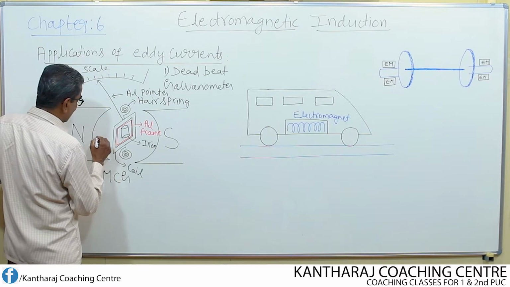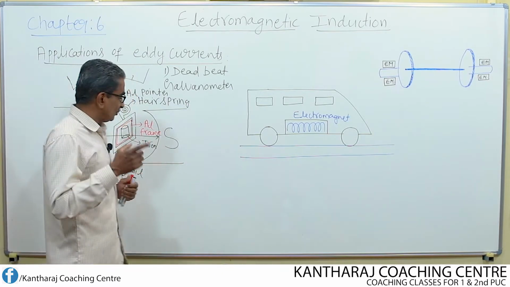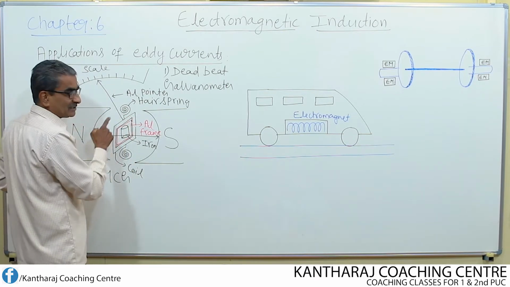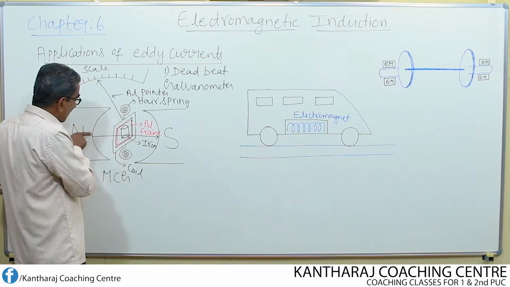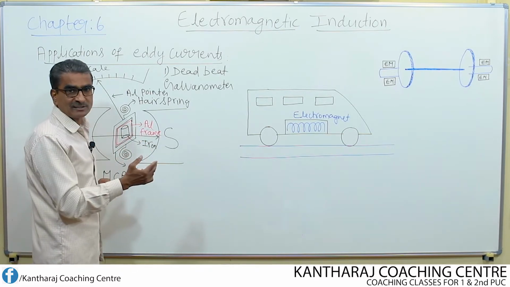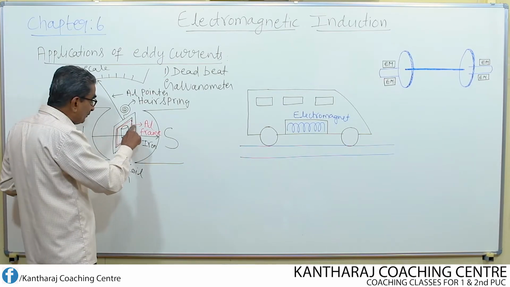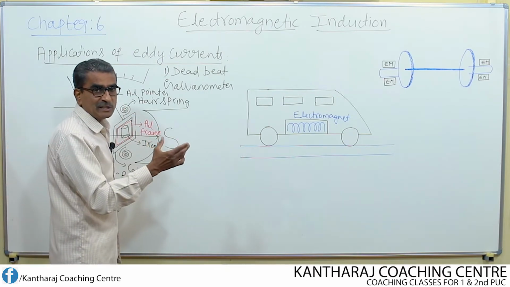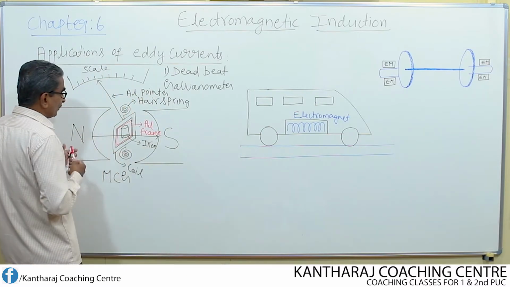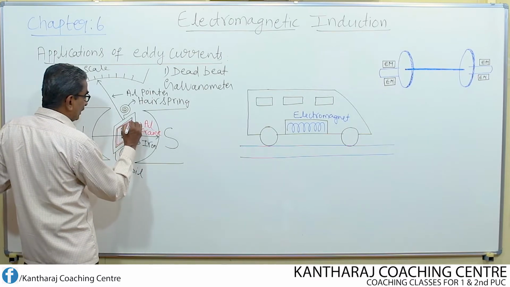Because of the oscillation of the coil after passing the current through it, the magnetic flux linking with the aluminum frame changes. As a result, EMF is induced in the aluminum frame and this induced EMF results in the formation of eddy currents. So eddy currents are produced in the aluminum frame.